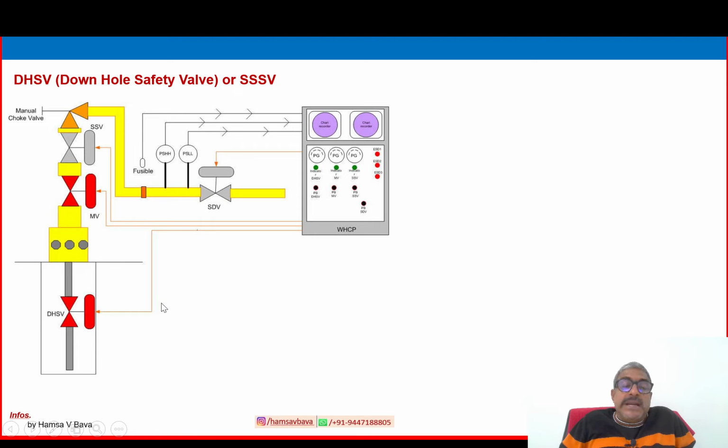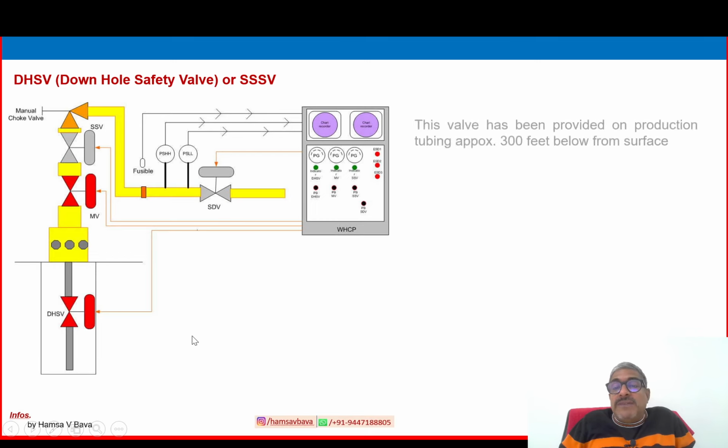There are two conditions, or a fusible plug is there to detect external fire or something, so any leak can come. In that condition we have to keep our well or reservoir or flow line safe. So we are using a triple SV or downhole safety valve.